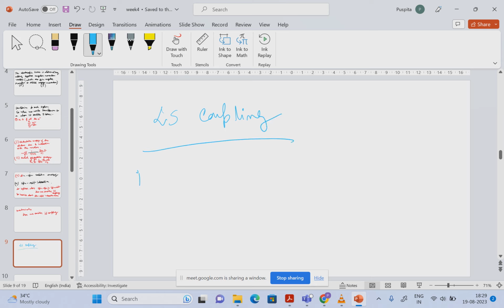So in LS coupling, what are the steps? First, the spins are considered. Then second, spin angular momentum.